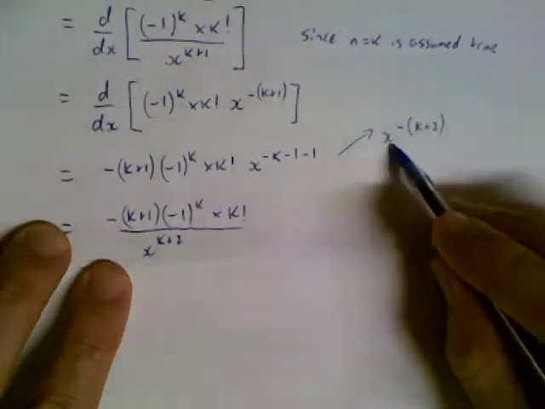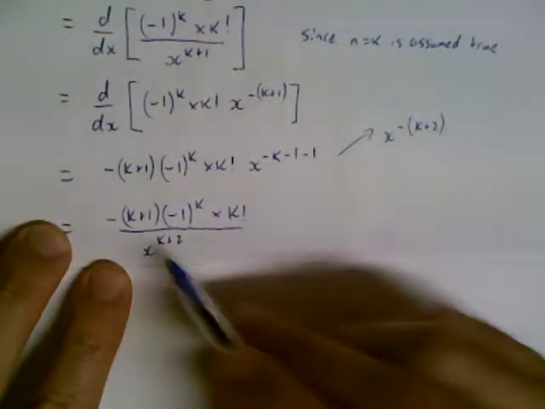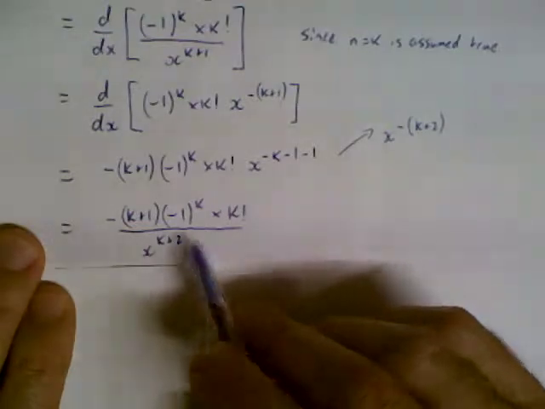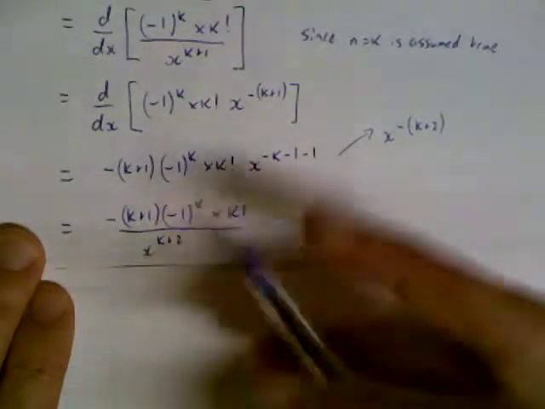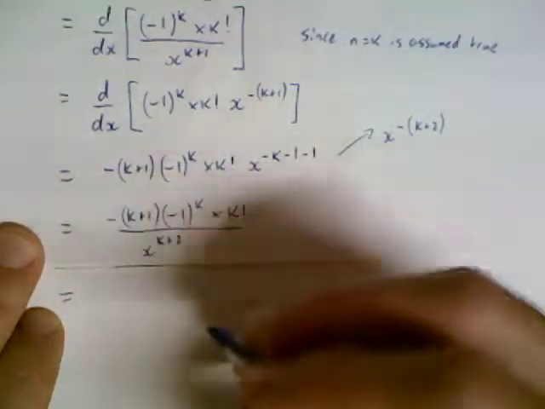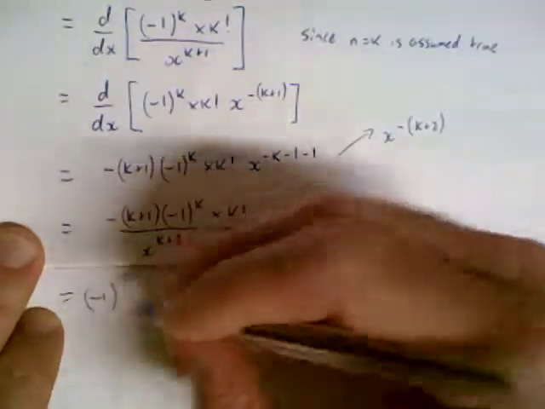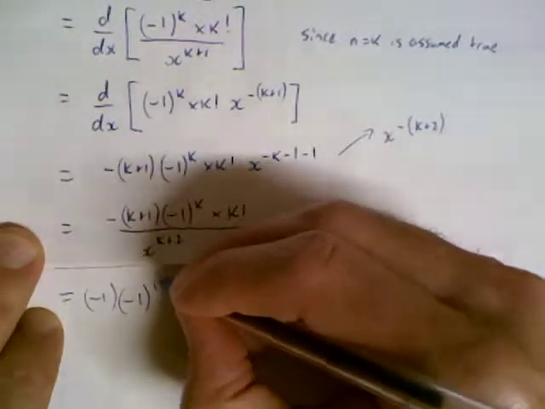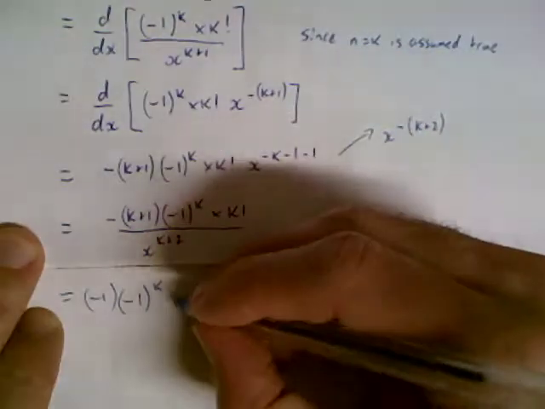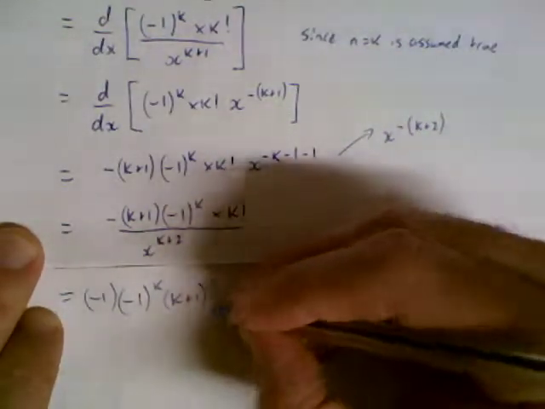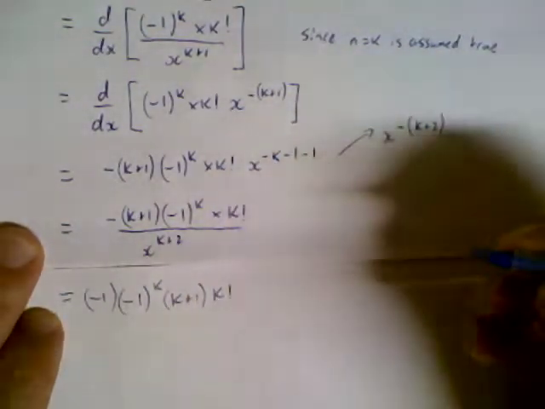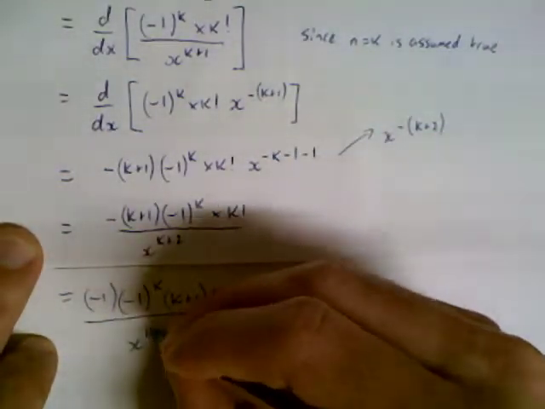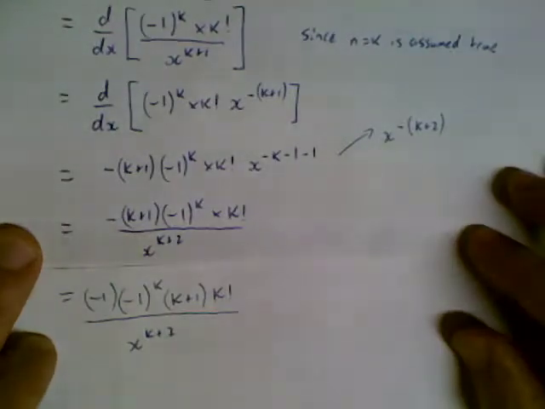So I've just brought that to the bottom line as a positive power. From there we just want to have a look at our negative here. We can write that negative as negative 1. We've got negative 1 times negative 1 to the power of k, and then we've got k plus 1 times k factorial, all over x to the power of k plus 2.